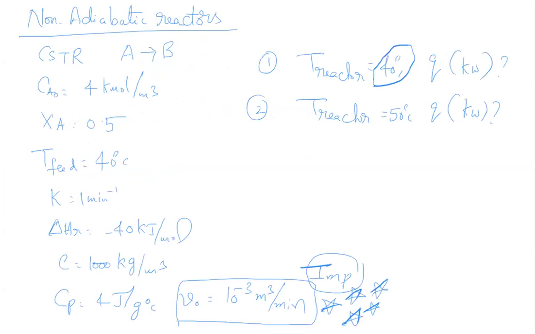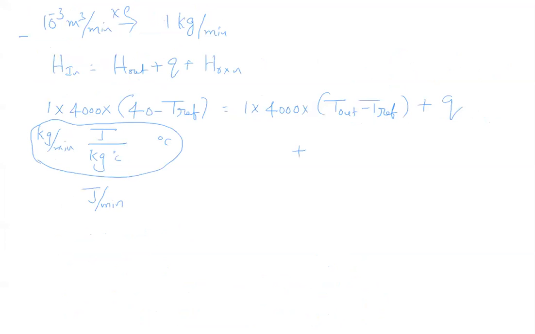What is the heat of reaction given? Minus 40 kilojoule per mole. Minus 40 into 10 Q joule per mole into FA naught into XA. What is FA naught? It is 10 power minus 3 meter cube per minute into CA naught, which is 4000, and XA is 0.5.